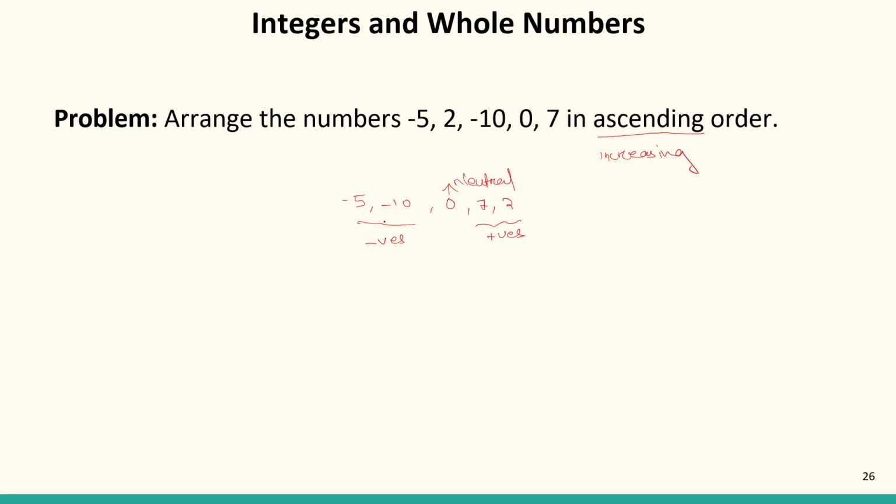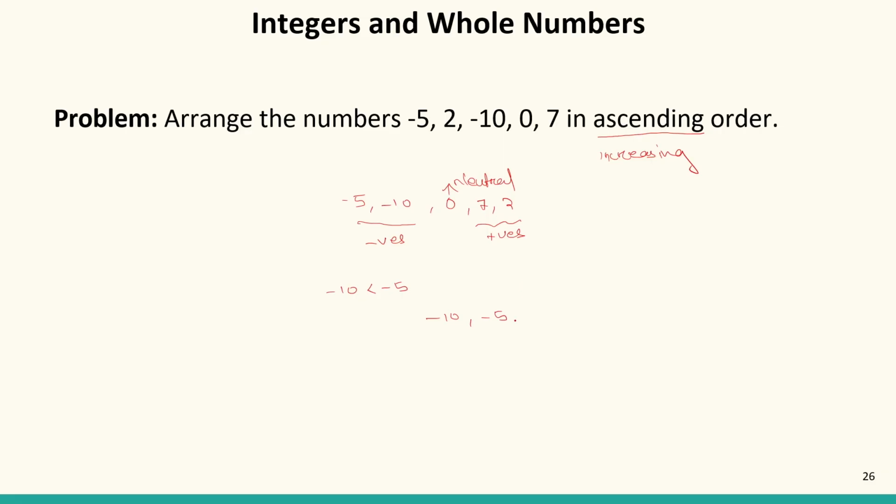So the negatives must be on the left. We will then arrange their order, and the positives must be on the right, and the neutral must be in the middle. Between minus 5 and minus 10, which one is lesser? Minus 10 is lesser than minus 5. That is why, as we are ordering the numbers in ascending order, minus 10 will come first, then minus 5.